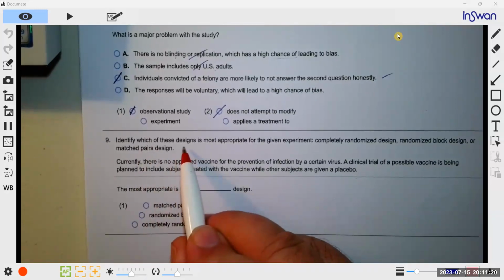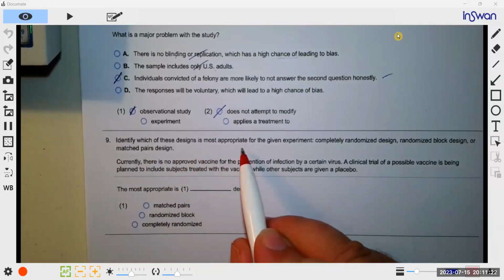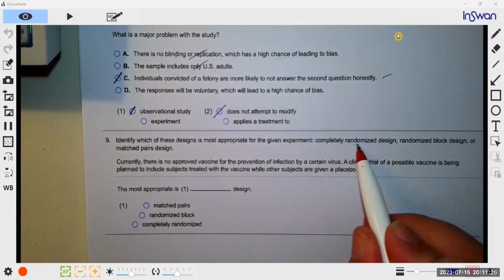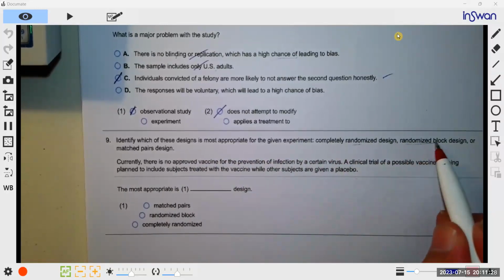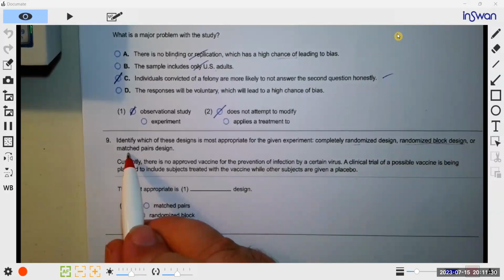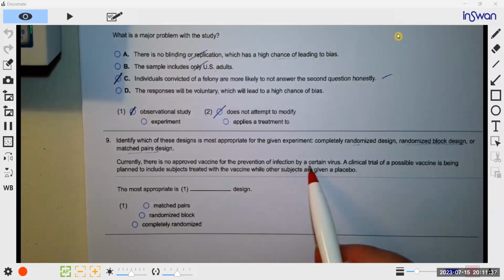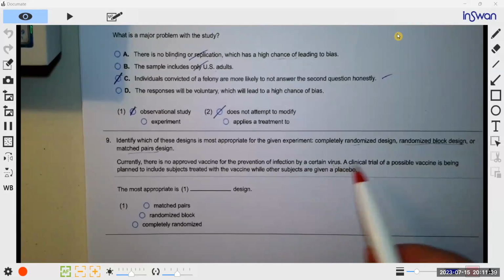Identify which of these designs is most appropriate for the given experiment: completely randomized design, randomized block design, or matched pair design. Currently, there is no approved vaccine for the prevention of infection by a certain virus.